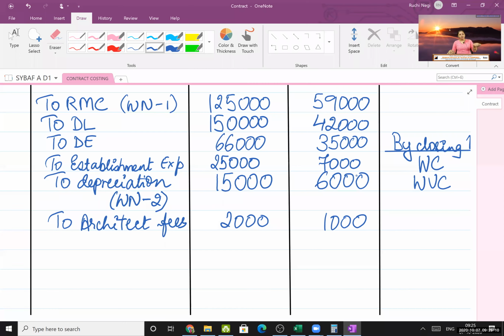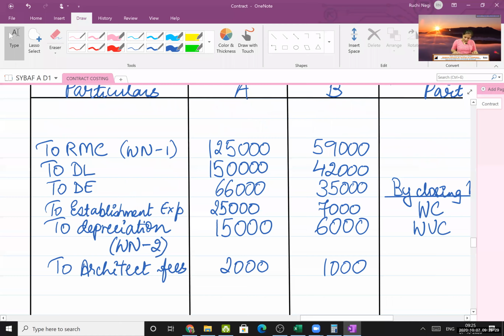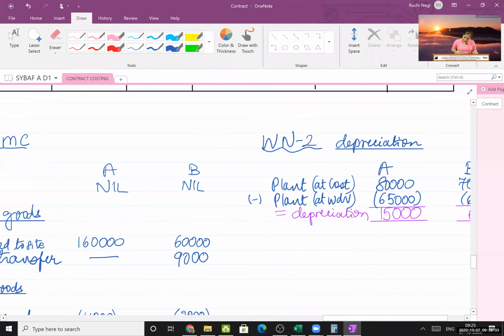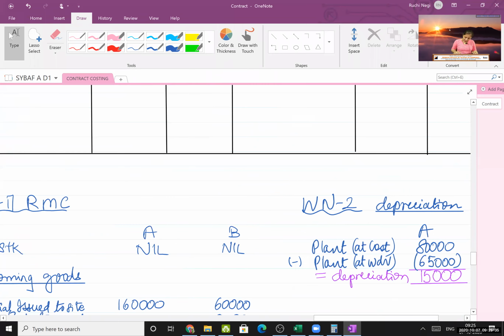But here I need not because cost is already given and that cost is as on 1st April and WDV is as on 31st December, and the other cost is as on 1st January, 1st September and the closing is 31st December. So it is automatically 9 months and 4 months only. So I don't have to do any conversion here. All these minute details are very important. This comes only with practice.